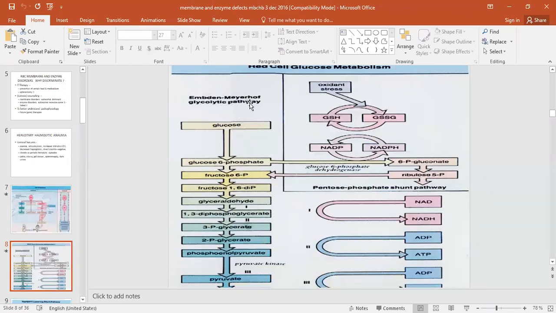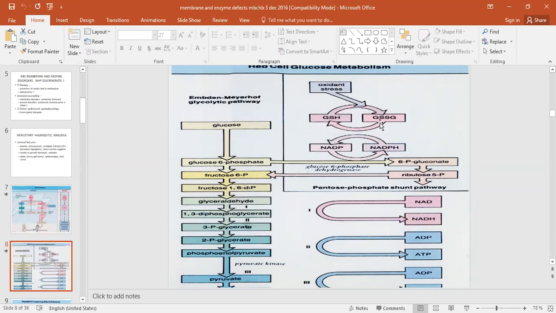So when you look at this particular pathway, you have some products like 1,3-diphosphoglycerate being converted to 3-phosphoglycerate using phosphoglycerate kinase. The same pyruvate kinase is also essential in generation of pyruvate from phosphoenolpyruvate. So pyruvate kinase as an enzyme is an essential component in this particular pathway.